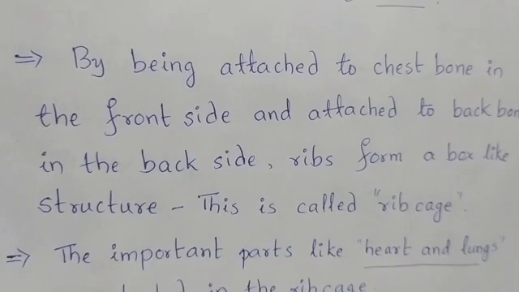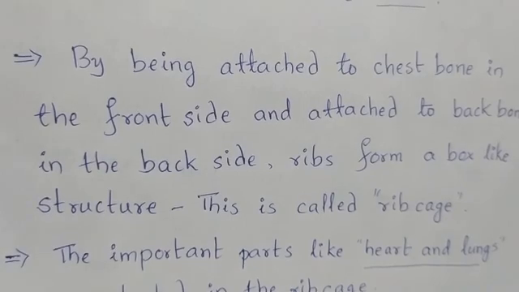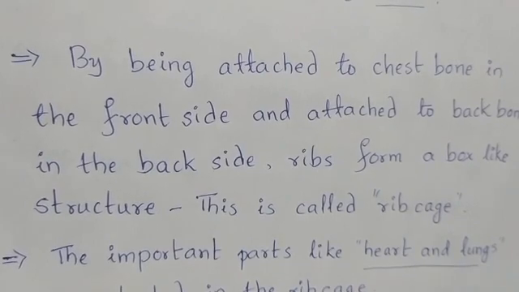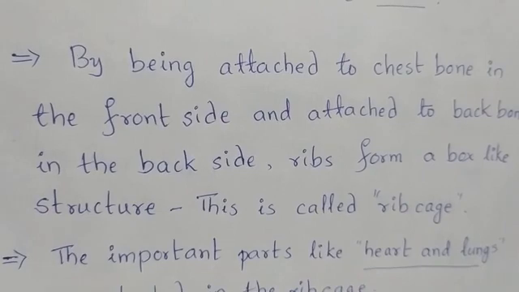By being attached to the chest bone in the front side and to the backbone in the back side, the ribs form a box-like structure. This is called a rib cage. So what is a rib cage?